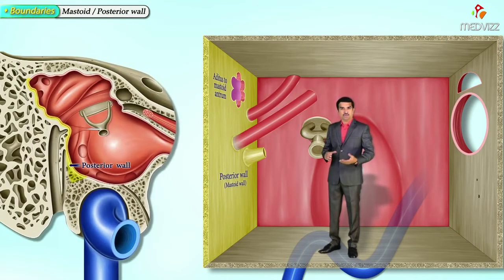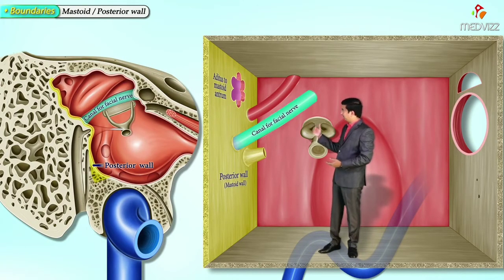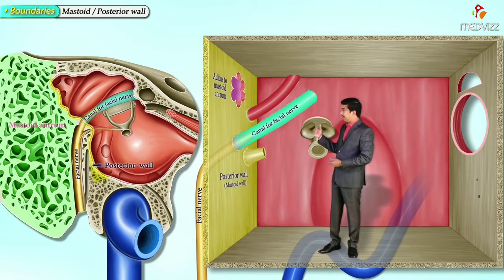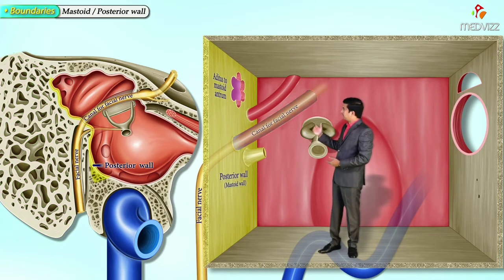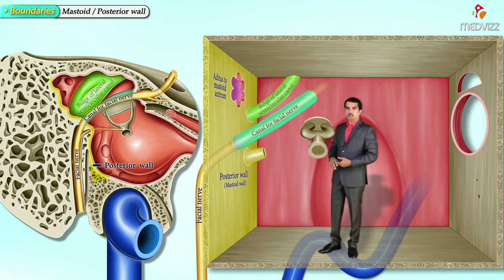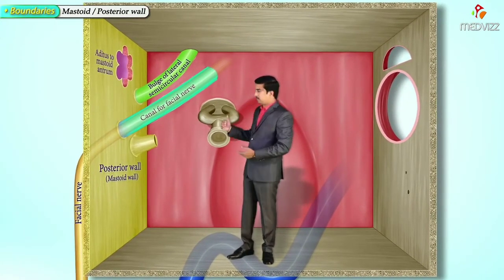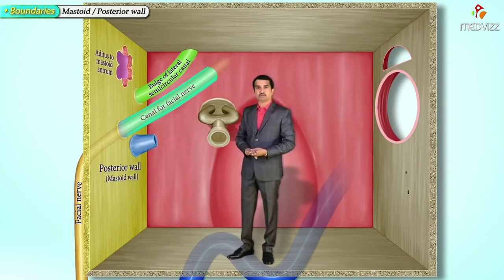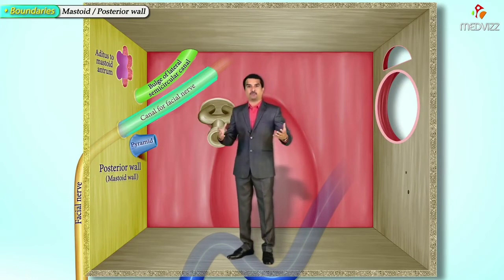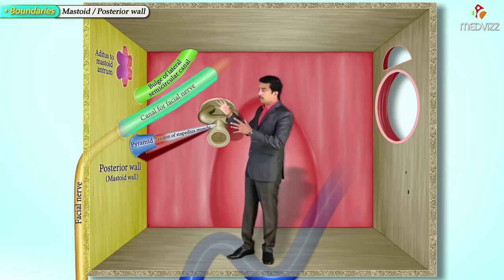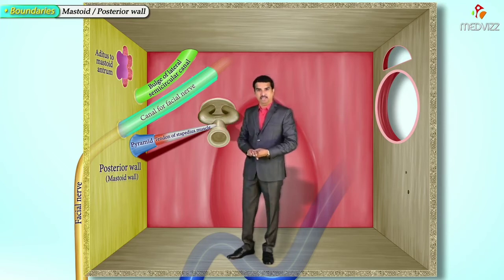We can also appreciate the canal of the facial nerve, which descends between the posterior wall and the antrum, medial to the aditus. Above this canal we can see the lateral semicircular canal, and below the aditus there is a hollow conical projection called the pyramid, which is perforated by the tendon of the stapedius muscle. So these are the structures we can identify on the posterior wall of the middle ear cavity.